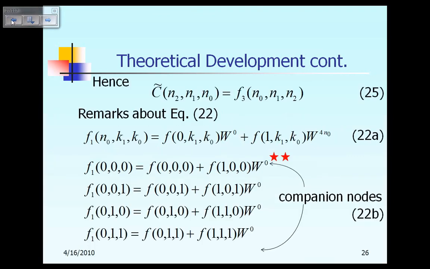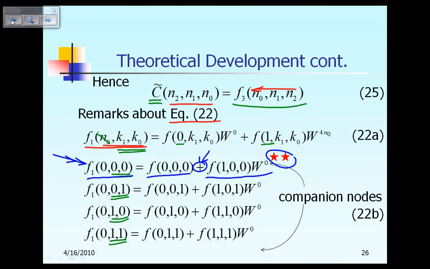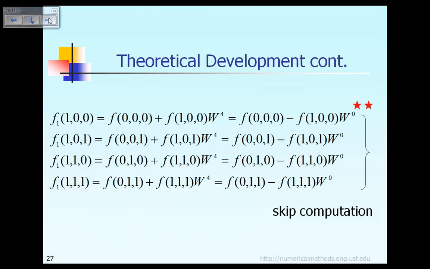Similarly, after you compute F1 of 0, 0, 1, then the computation of this term, which is F1 corresponding to 1, 0, 1, can be skipped because the formula is the same except the plus sign now becomes the minus sign.